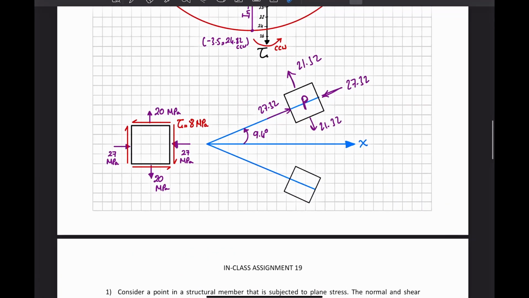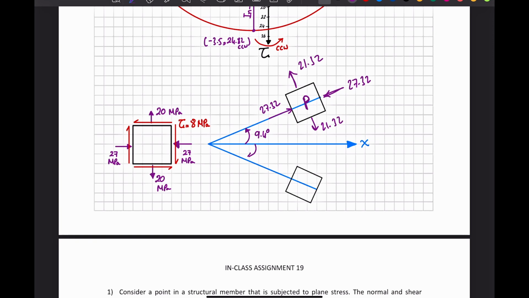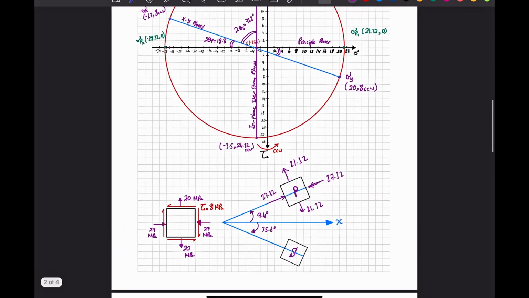So from the x, I want to rotate clockwise by 71.2, but here I'm not going to put 71.2, I'm going to say 71.2 over 2, which is 35.6. Now I'm going to the state of maximum shear stress. Okay, let's fill this diagram.